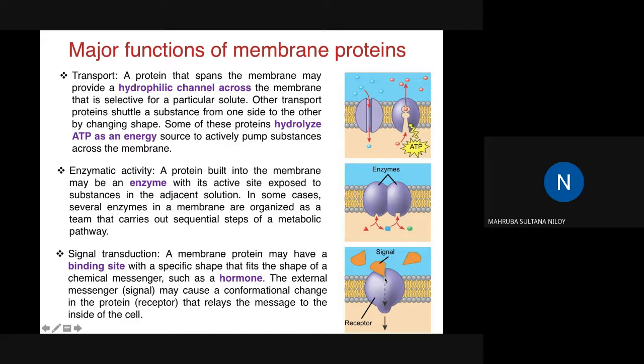So when the signaling molecule binds, they pass this signal inside the cell. Is it clear to all? Yes, sir. Here, a hormone may act as a signaling molecule.